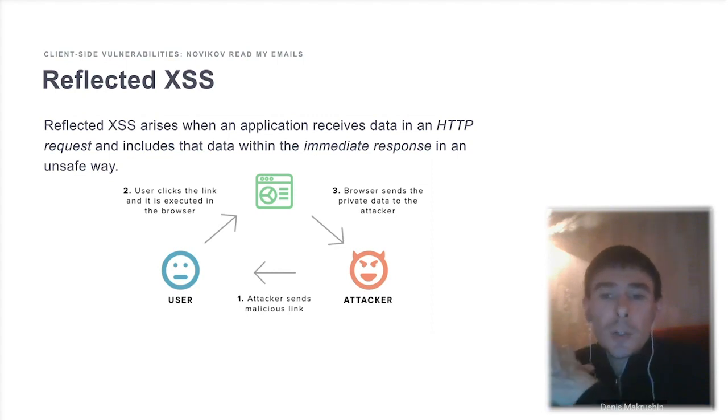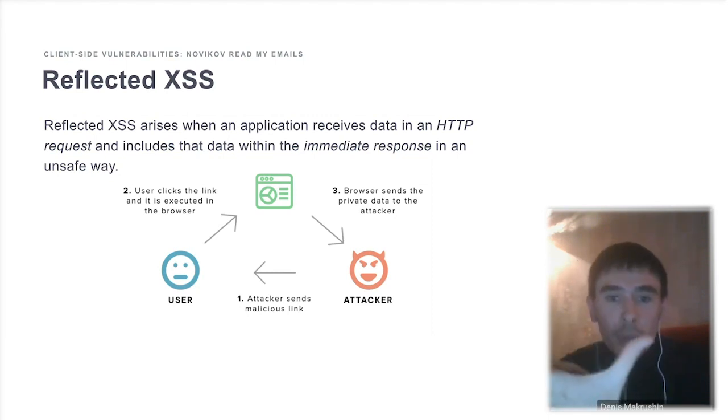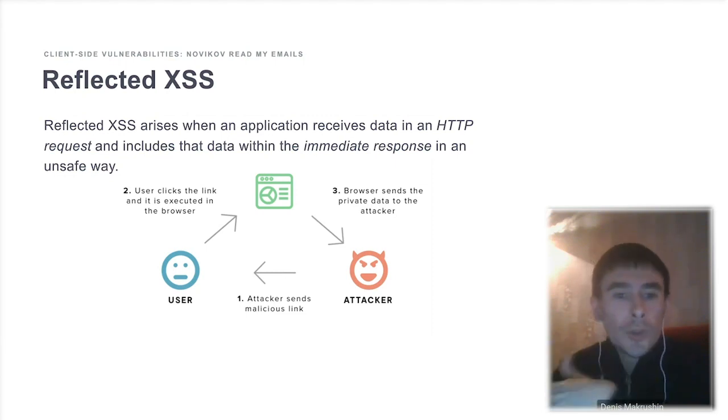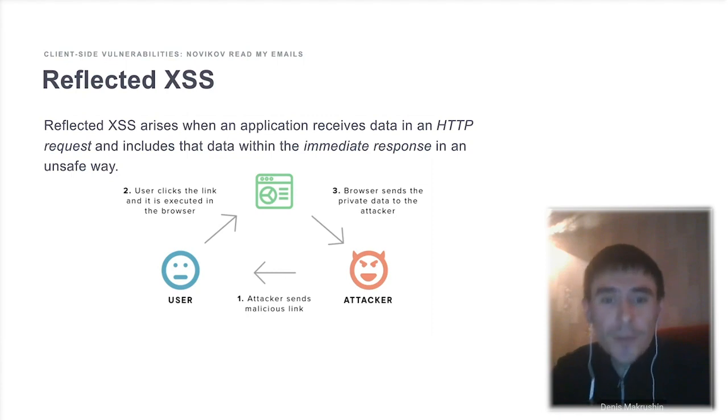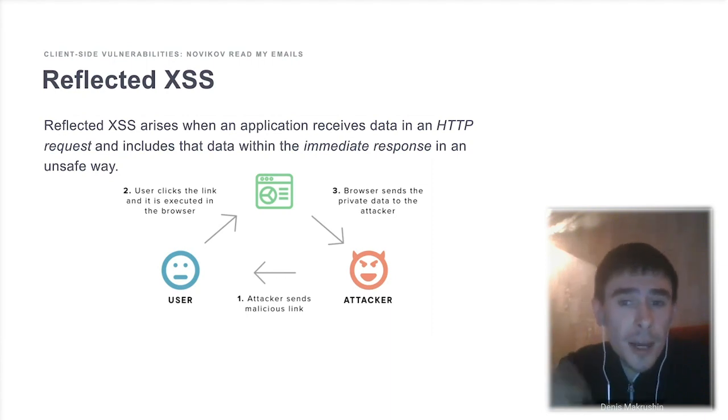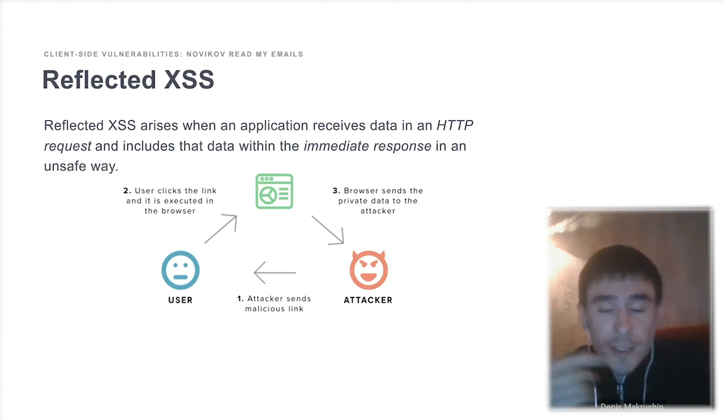This is difficult to exploit because you need to share this link somehow, so that the request is sent from the user's browser, and you need to ask your user, could you please click on the link? That's why reflected XSS is difficult to exploit, but still in some bounty programs, you can get some money from reflected XSS.